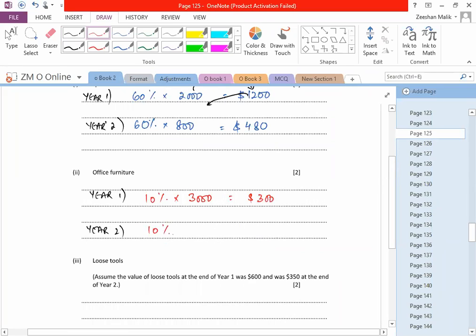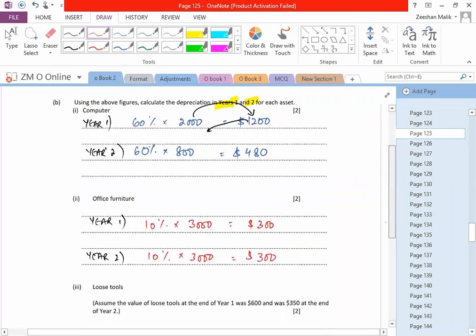It is to be applied on the same cost every year. It will give you the same result. This is the straight line method applied straight.